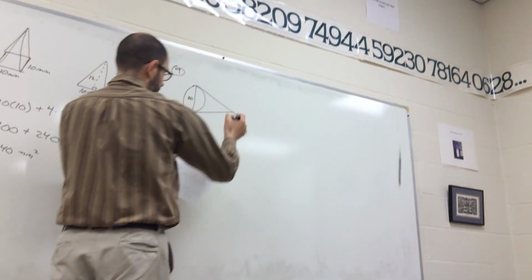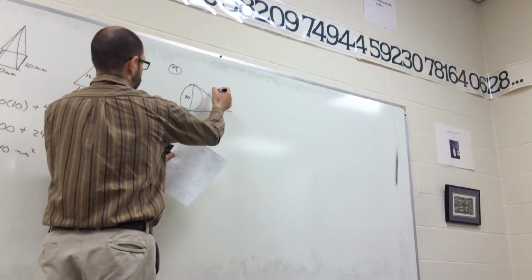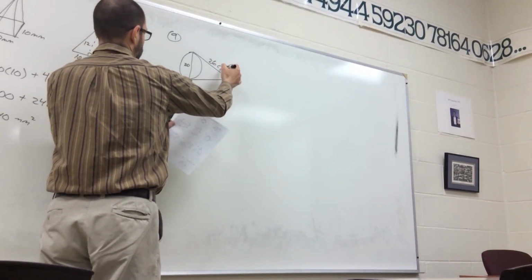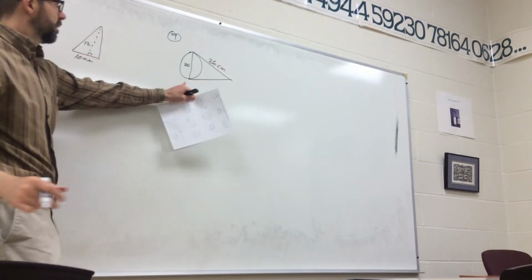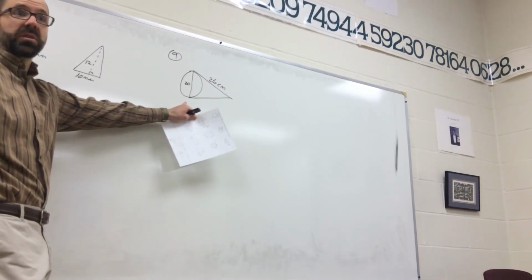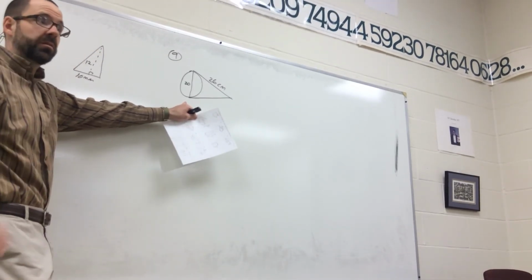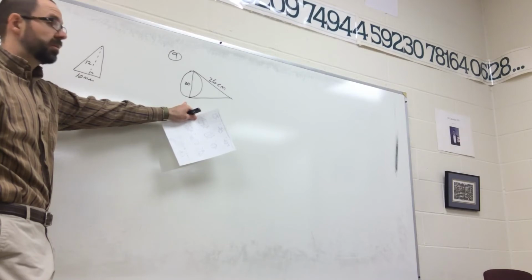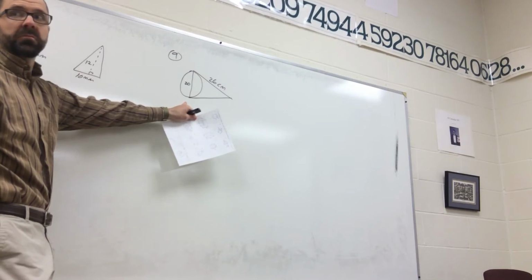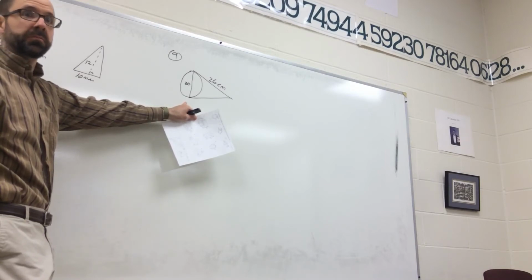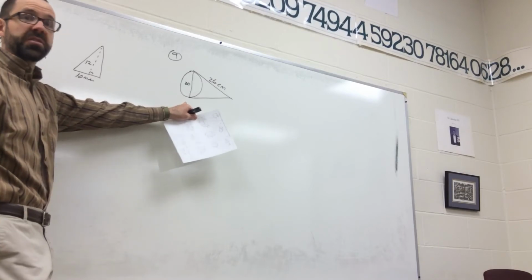Again, I'm terrible at 3D, but I'm trying. That's supposed to be a cone on its side. Are you with me? All right, so how do you find the surface area of a cone?